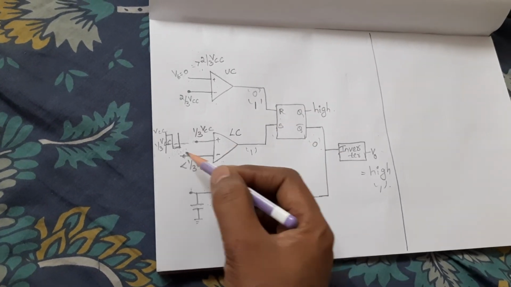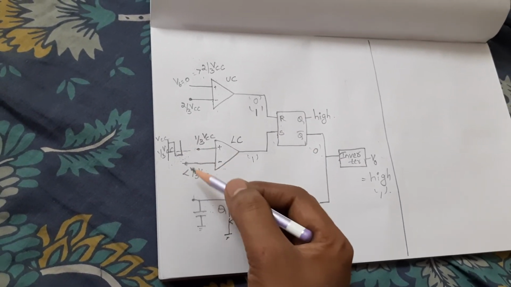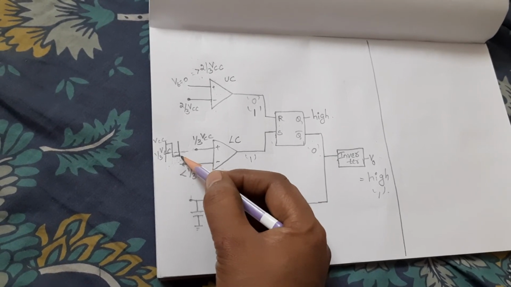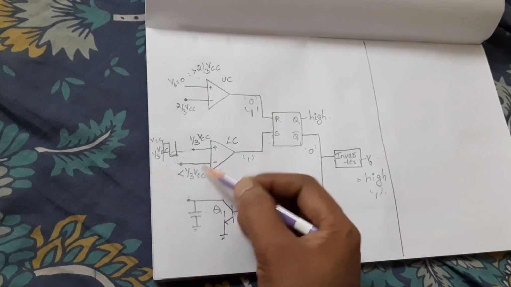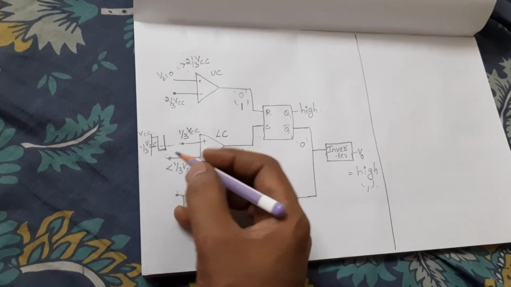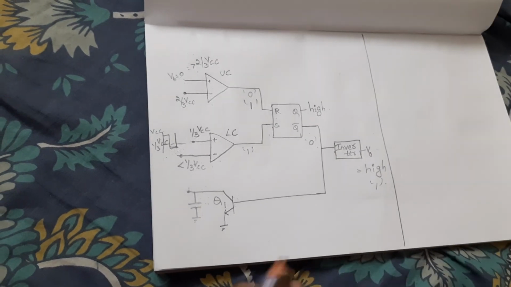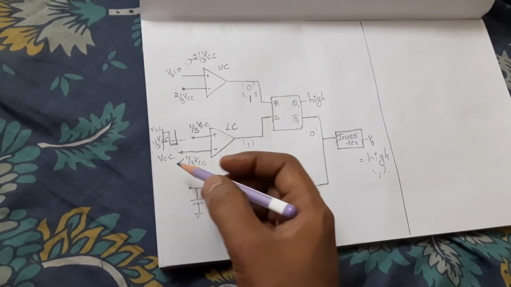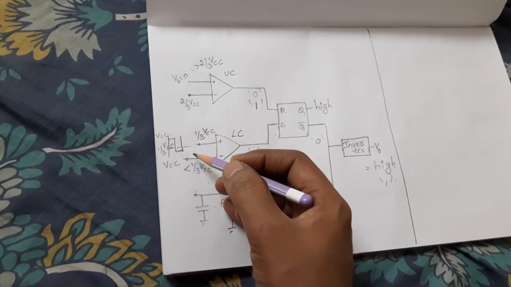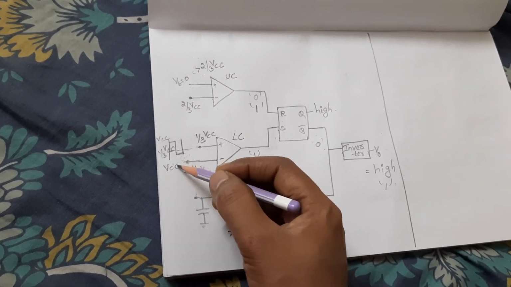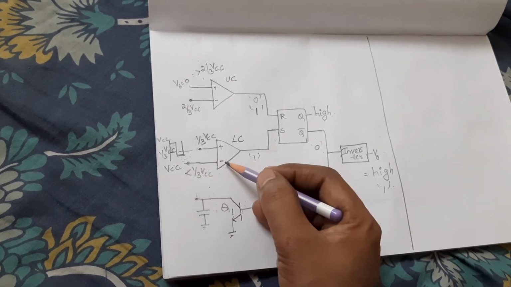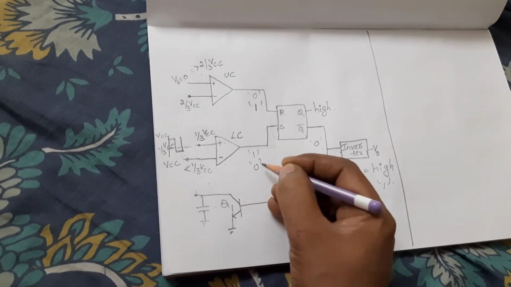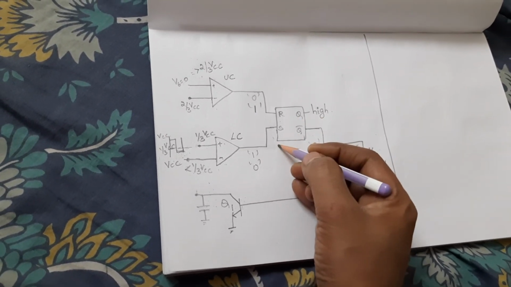Meanwhile, as this is a small pulse width, the cycle is completed and again it reaches VCC. When it reaches VCC, negative is more than positive, so the output is 0, that is, R is 1 and S is 0.